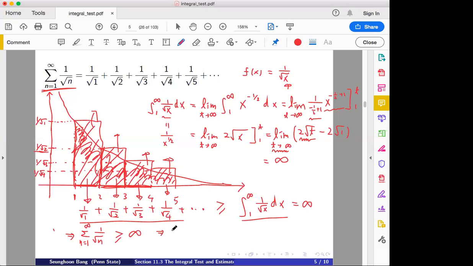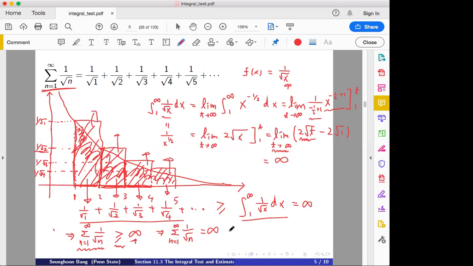So what is the summation from n equal to 1 to infinity of 1 over the square root of n? What's the answer? This value is greater than or equal to infinity.